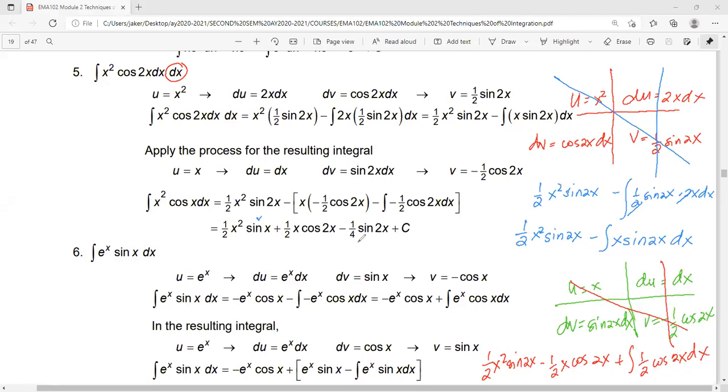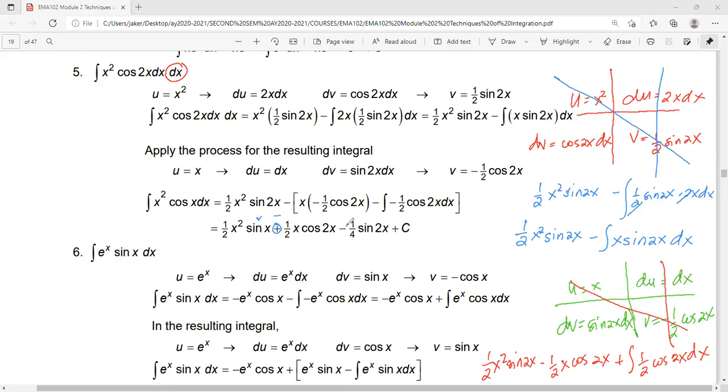So let's see. In here, you already have the 1/2 x squared sine of 2x. And you have minus 1/2 x cosine of 2x. It should be minus. If there's a typo there, that should be minus 1/2 x cosine of 2x, and this one should be a plus, because negative, that would make it positive.